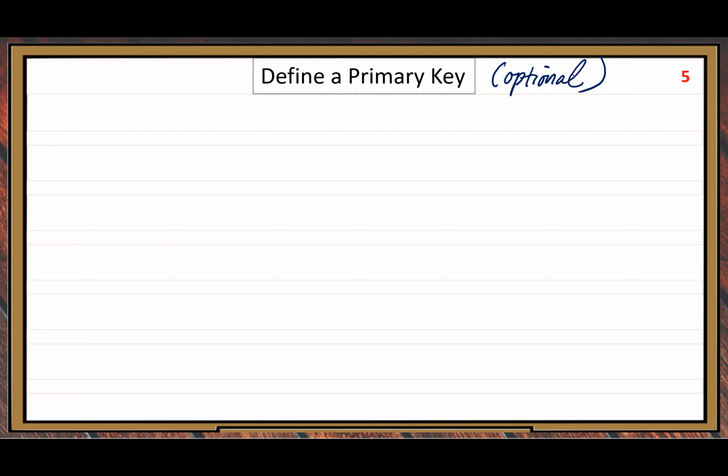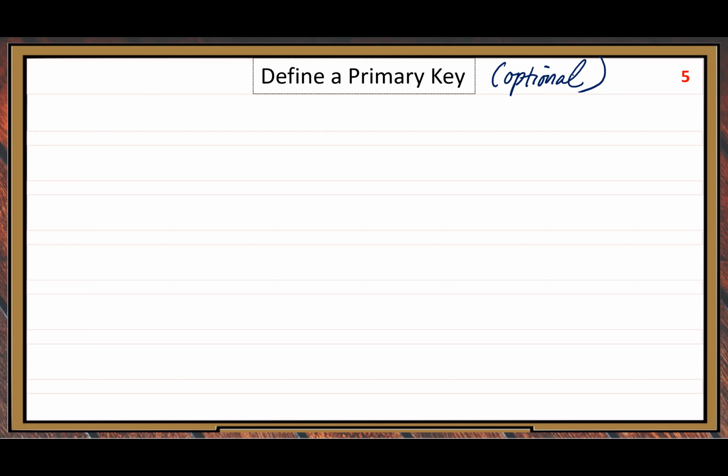But we know if a table has a primary key, it will be much easier to use. When you refer to the rows, tuples inside that table, it will be very convenient with a primary key.